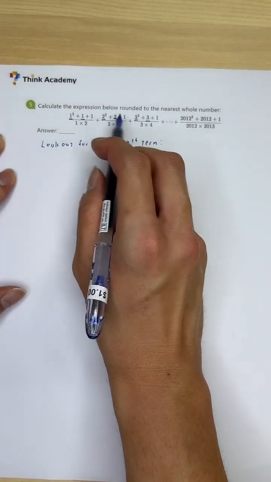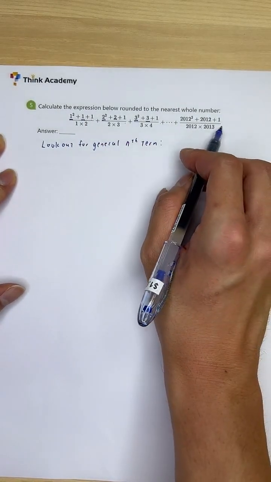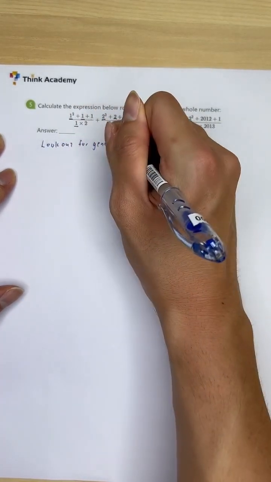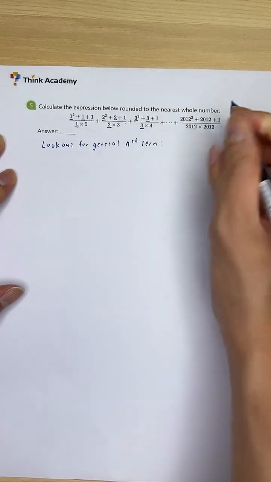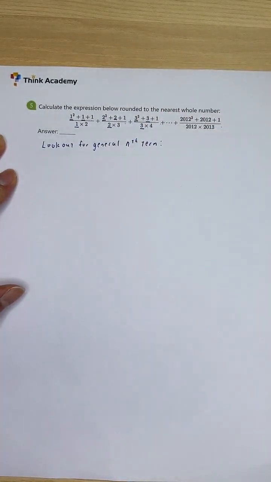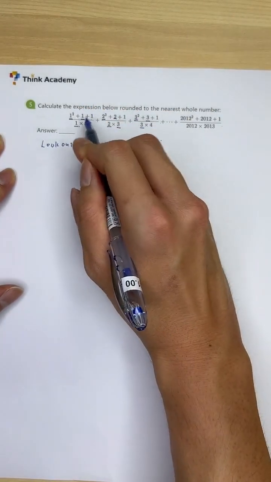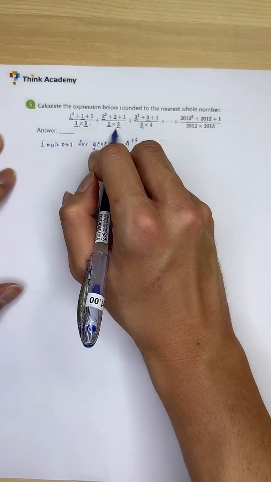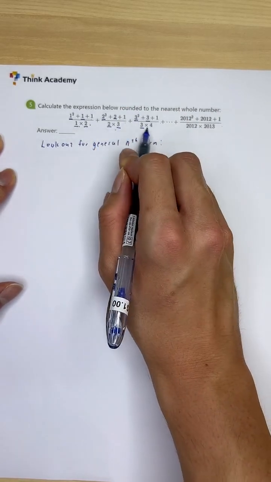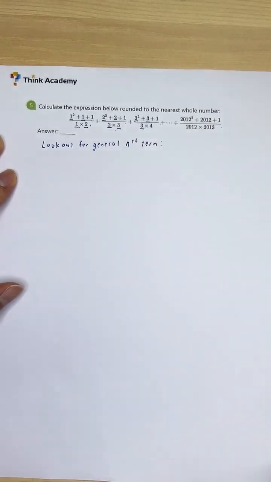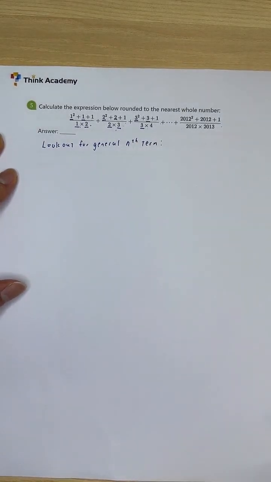The 1 stays constant, so it's not going to change. In the denominator, 1, 2, 3, we are expecting an n as well. But what about this 2, 3, 4? For the first term, this is a 2. For the second term, this is a 3. For the third term, this is a 4. So for the nth term, you are expecting n plus 1.